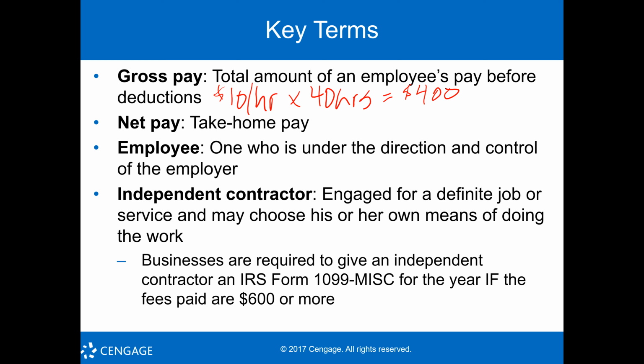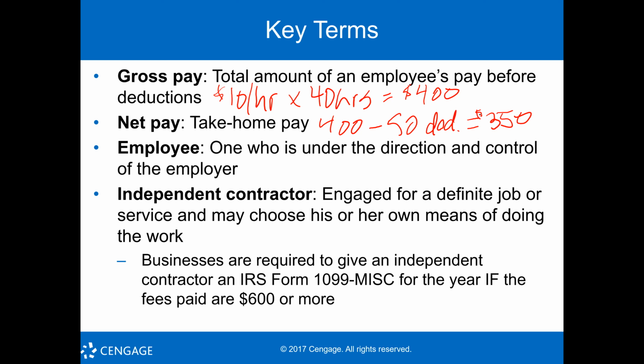I know my writing's not very good on this, but then let's say that our taxes and deductions are $50. So then we'd take our 400 minus 50 deduction, and then we'd have net pay or take home pay of 350. Right? Those are just simple examples, but that's what we're going to get practice calculating together.